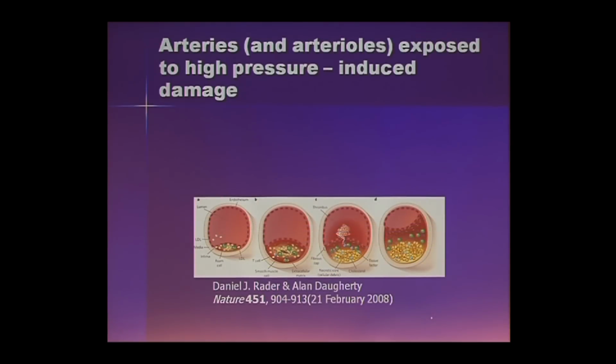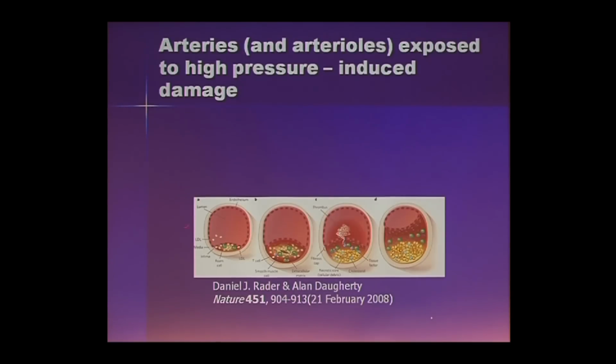High pressure causes shear forces that damage the endothelium, and damage to the endothelium can be quite bad. The higher the pressure, the more shear force on your endothelium, the more damage to endothelial cells, and the more problems that can occur.